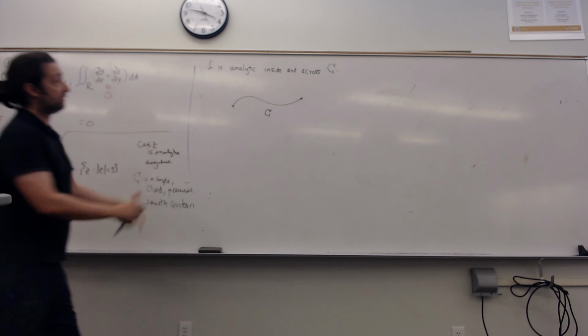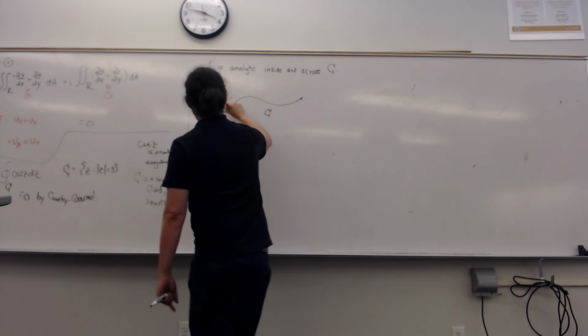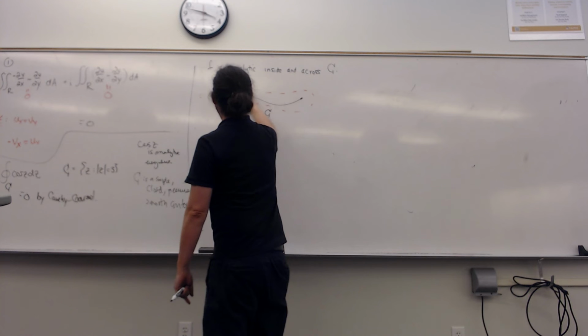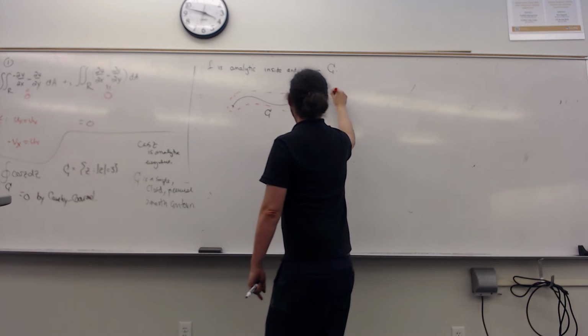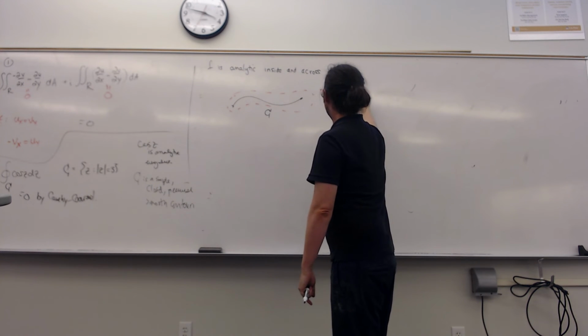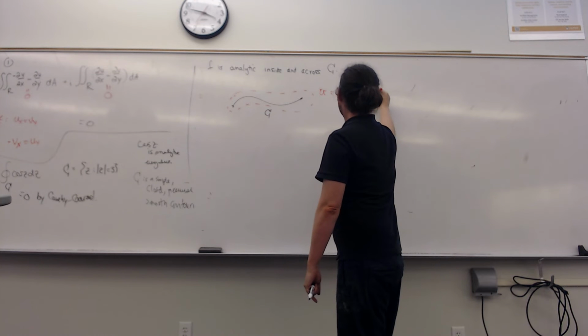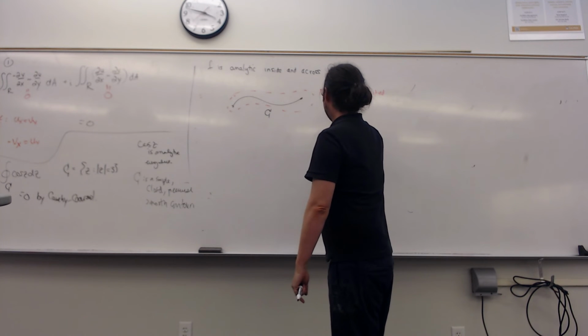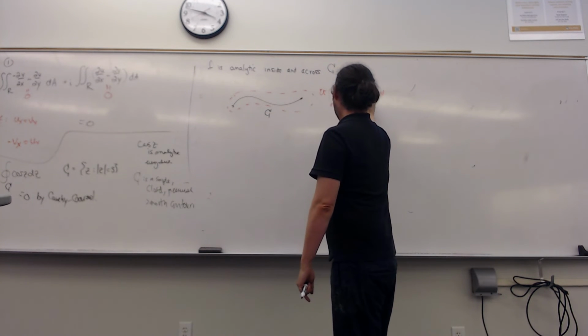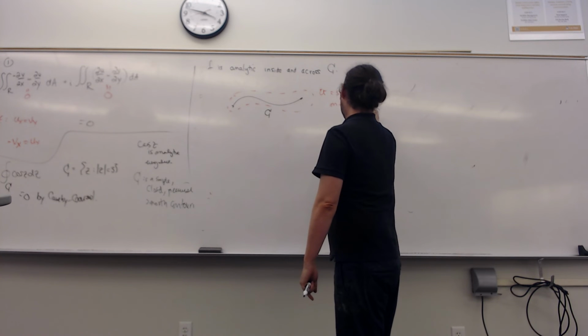So to say that f is analytic inside and across the contour is to say that I can find some domain U, which is simply connected, on which f is analytic.